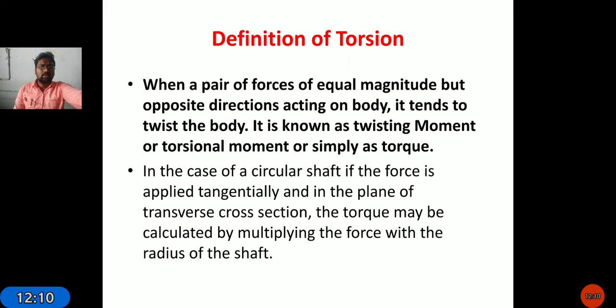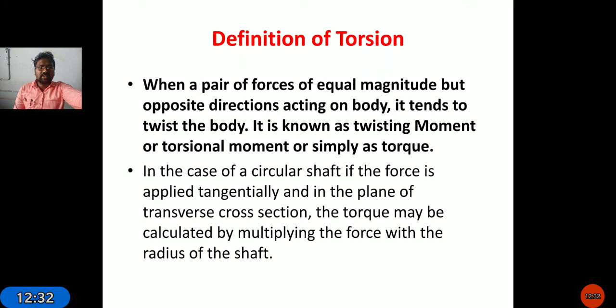Next, coming to the definition of torsion. When a pair of forces of equal magnitude but opposite direction acts on a body, it tends to twist the body, and this is known as twisting moment or torsional moment or simply torque.